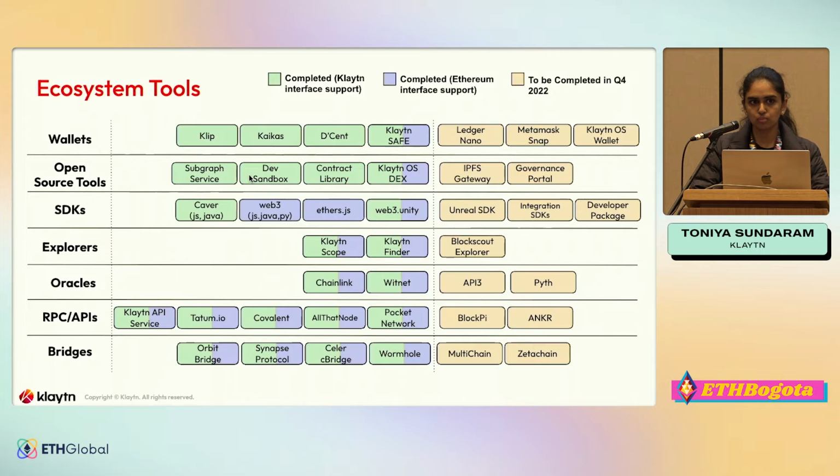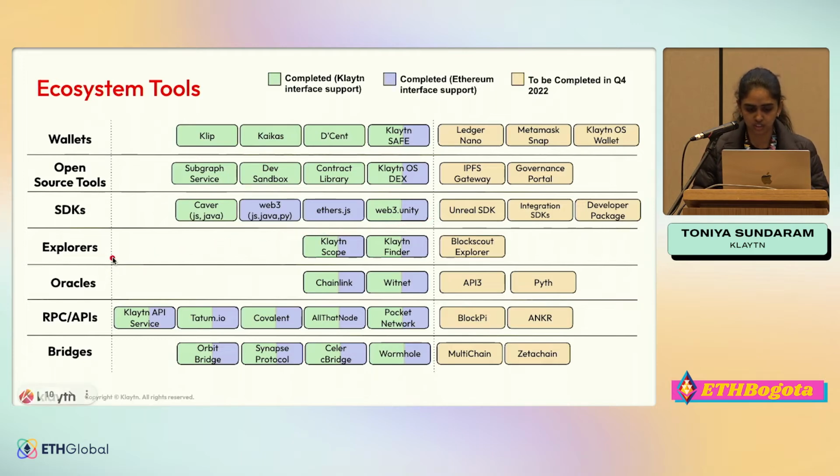So you don't have to build everything from scratch. You can just use the existing ones, and you just have to think of some good use case for this hackathon. And we have contract library and open source dev tools, and we also have IPFS in-house integrated in Q4. And we have SDKs, like I said, Caver, Web3, and Web3 Unity for gaming, especially.